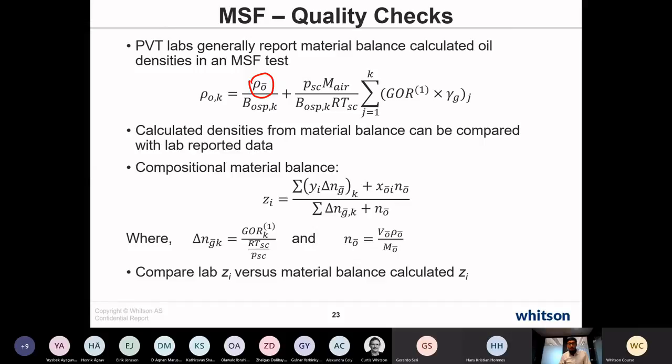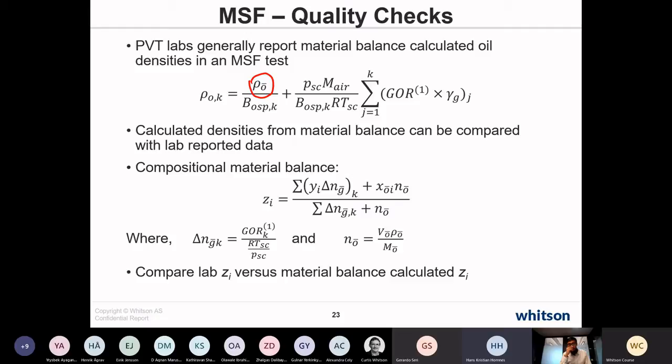So another QC that can be done is the compositional material balance. Yes, Hans. Normally in our lab, after we have taken out the gas from one stage in the MST, if we have enough sufficient sample, we measure the density of the oil inside the cell.